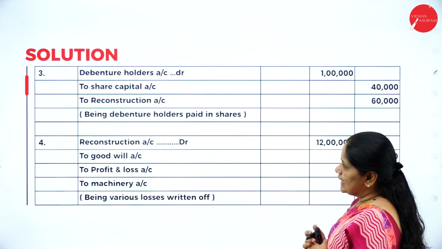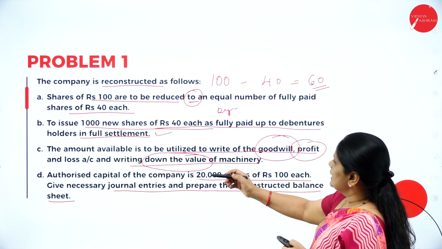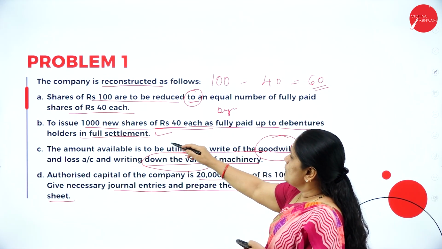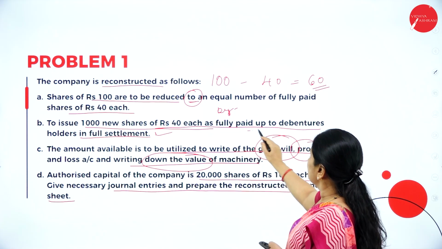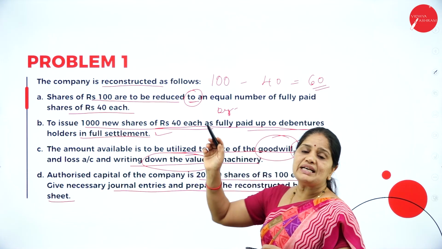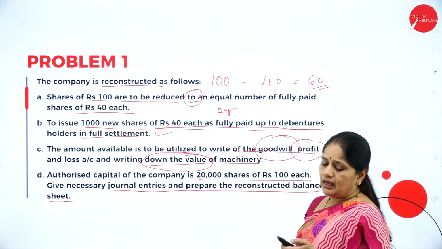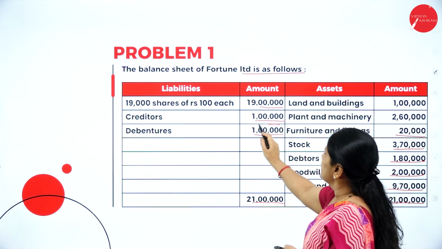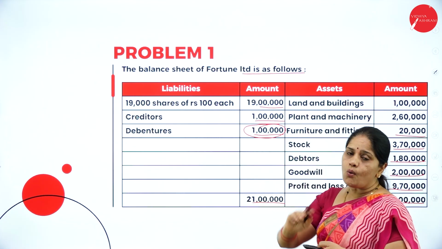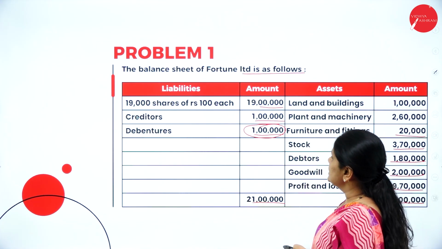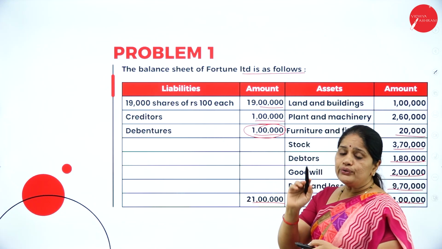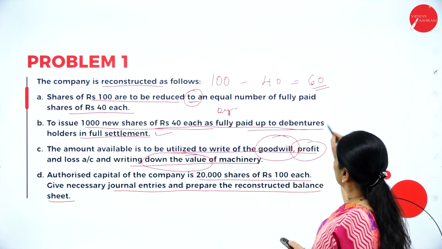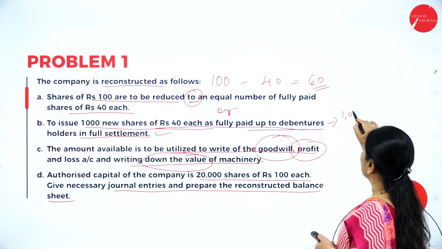Now, the next entry will be, as you can see here, to issue 1,000 new shares of rupees 40 each as fully paid to debenture holders in full settlement. What is the value of debentures here? Debenture value is 1 lakh.